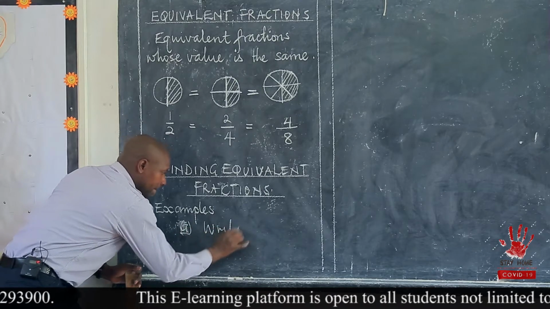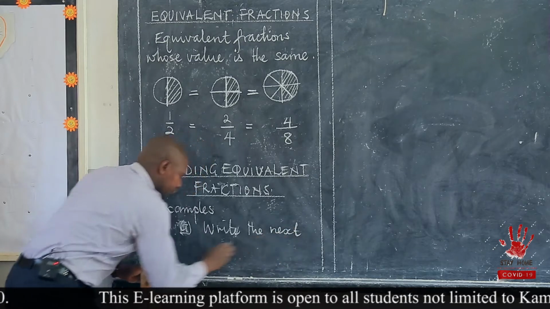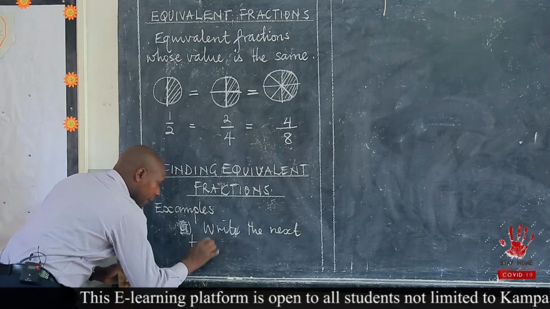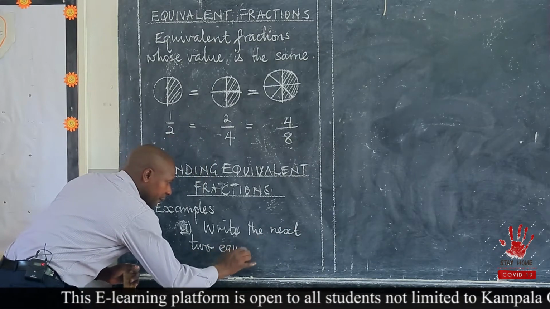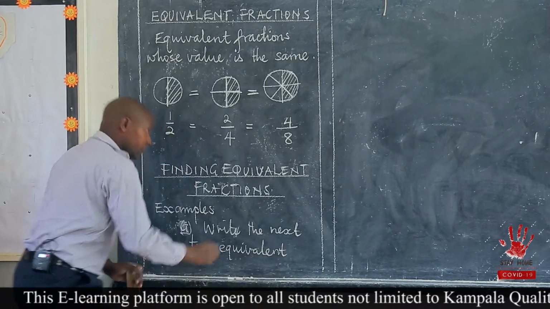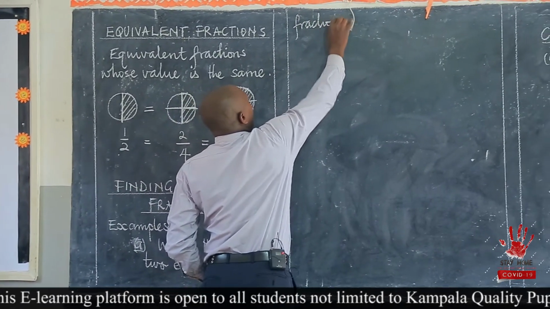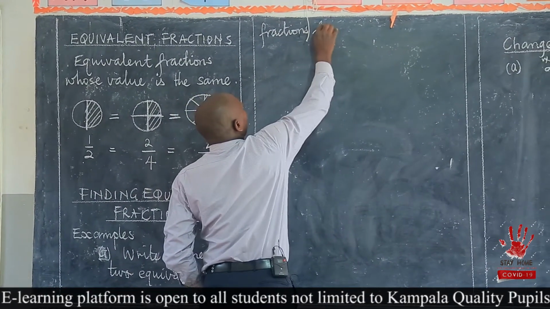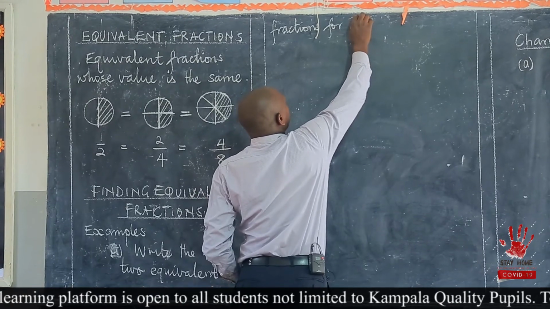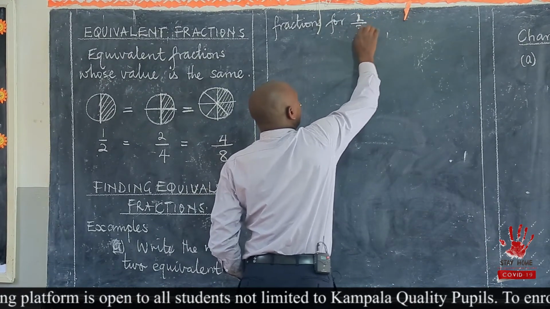Write the next two equivalent fractions for 1 out of 3.